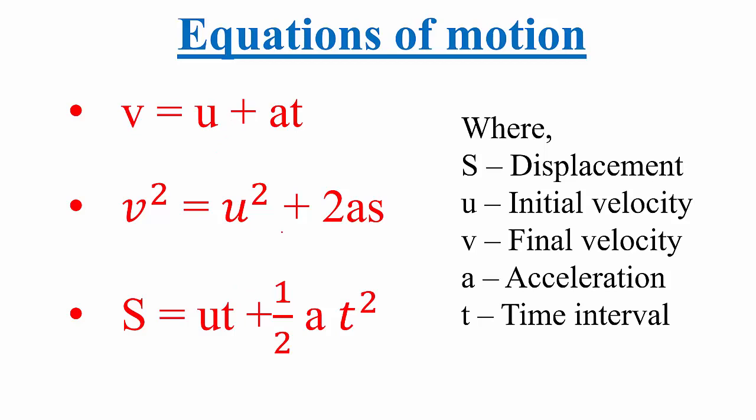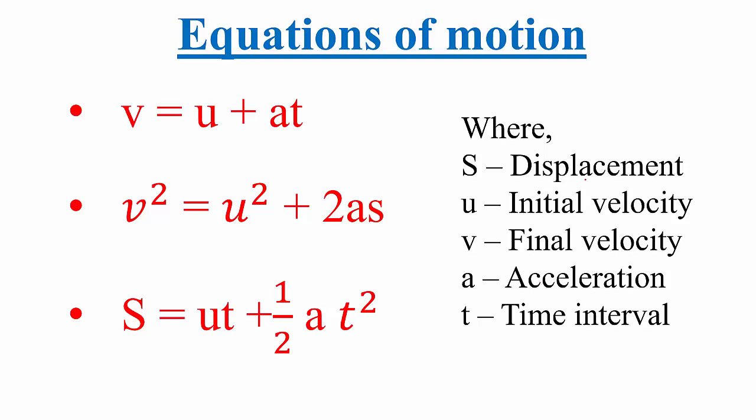In these three equations of motion, S indicates displacement, U indicates initial velocity, V indicates final velocity, A indicates acceleration and T indicates time interval. We already studied about these terms in the previous video lecture.